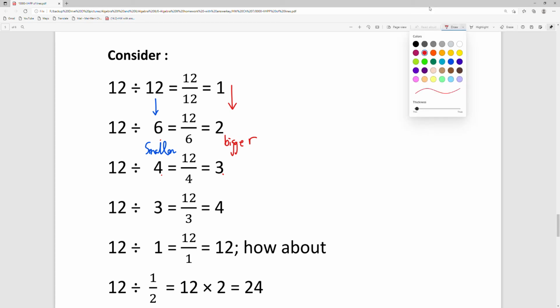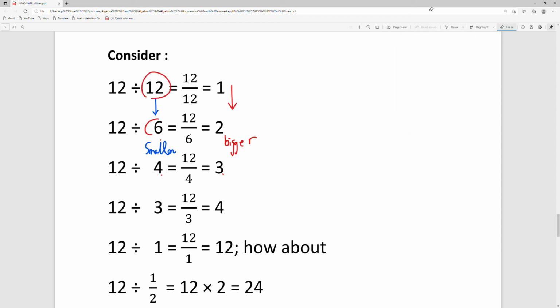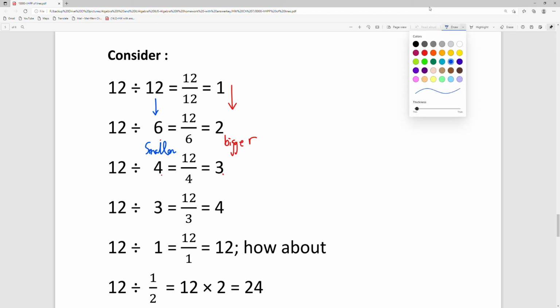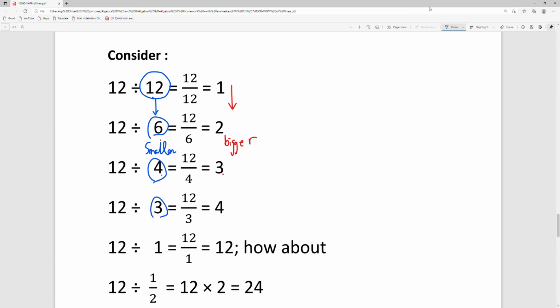When I divide by the number smaller and smaller, what happened? The result is bigger and bigger.